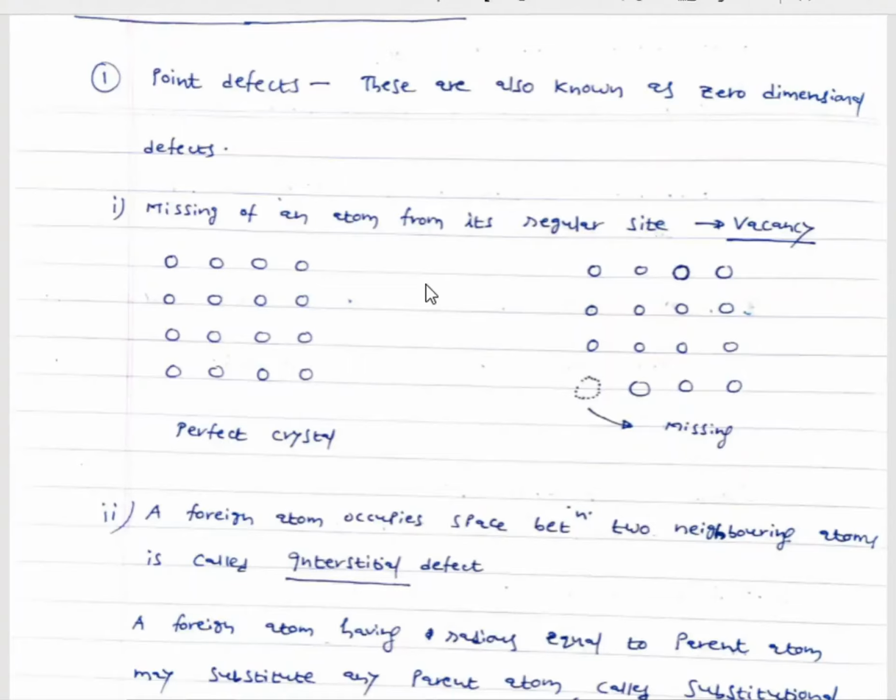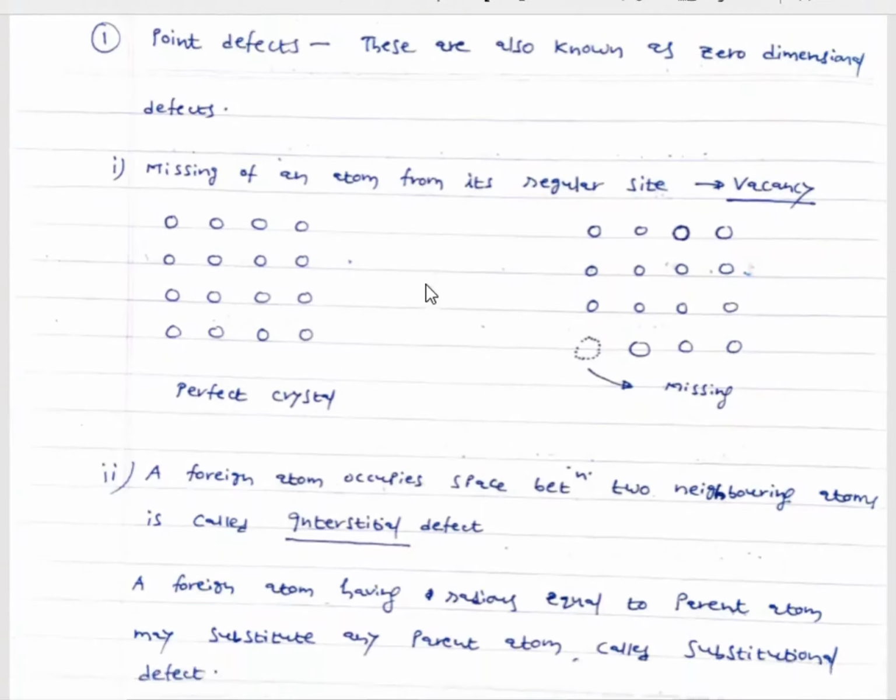The space between two adjacent atoms is known as a void. That space is very small, but as the carbon atom has very little atomic diameter, it can occupy that space and thus lead to the generation of interstitial kind of imperfection. The example is iron carbon.